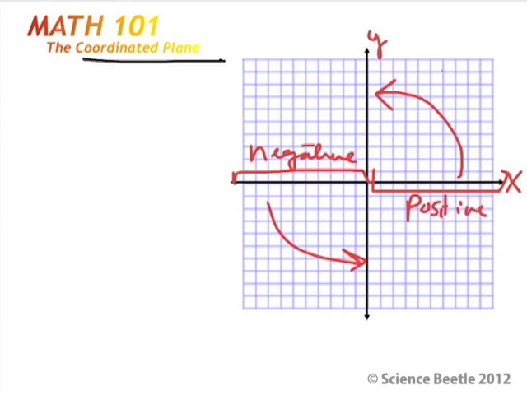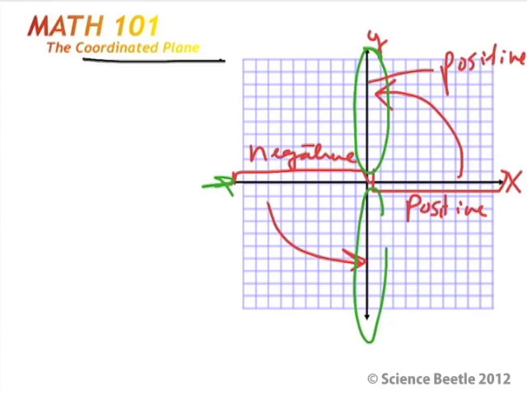So if we do the shift, the numbers up here on the y-axis moving up are also going to be positive. And if we shift the negatives on the x-axis down, we find that on the y-axis, the numbers at the bottom here are going to be negative.